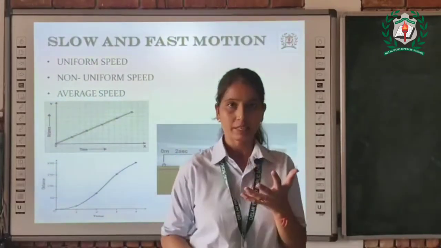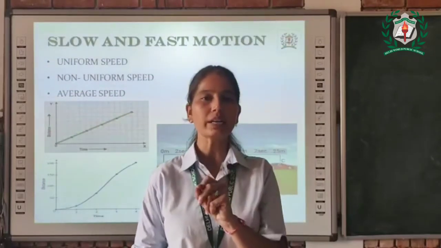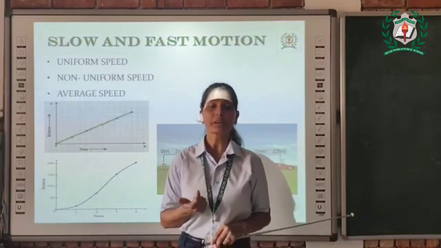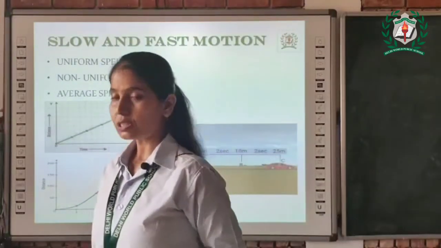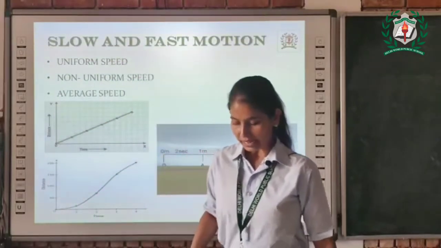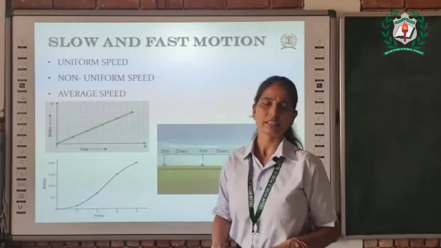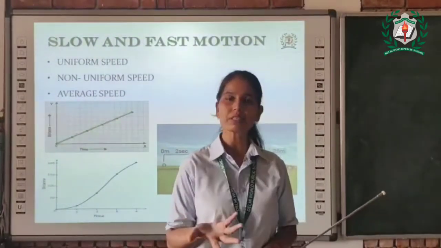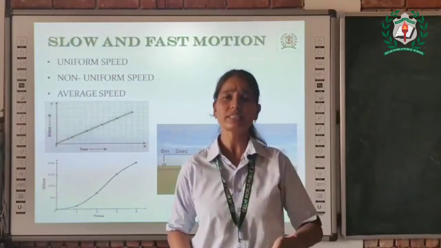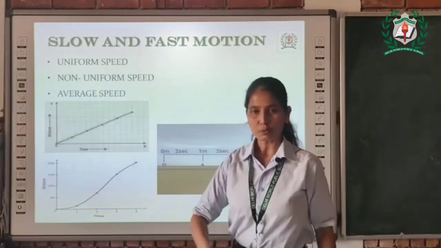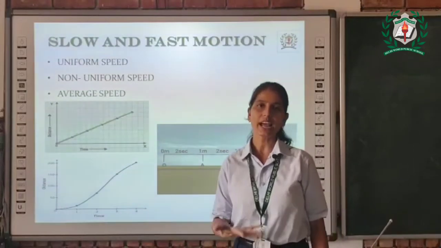Now we'll talk about speed. What is speed? The distance traveled by an object in unit time is called its speed. What is unit time? If I am walking from here to here and I say that I have covered 1 meter in 1 or 2 seconds, or this distance in 1 minute, then this average of the distance covered in that time is known as speed.